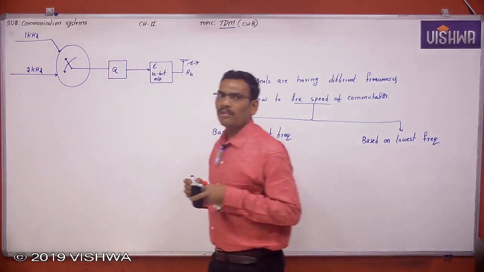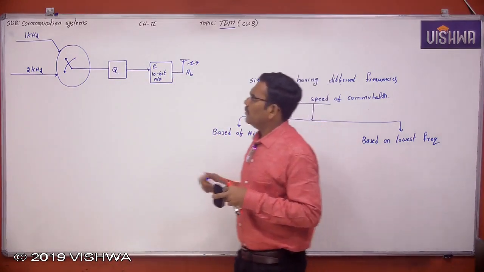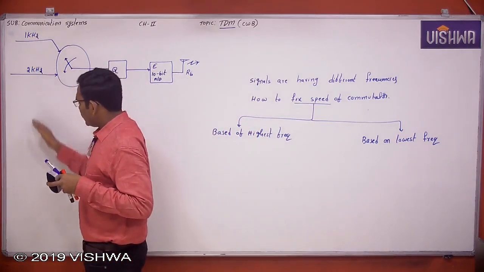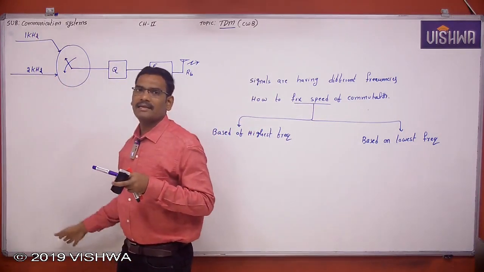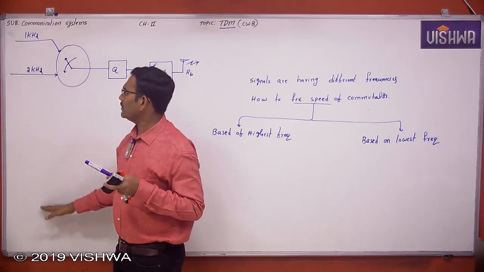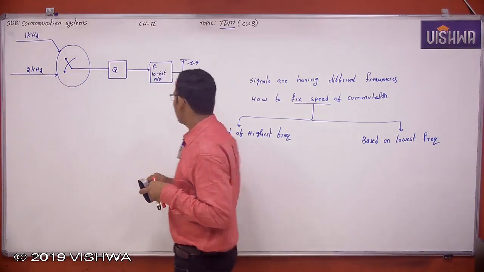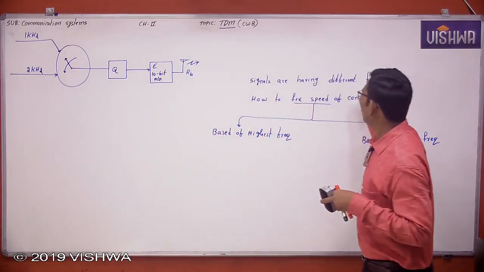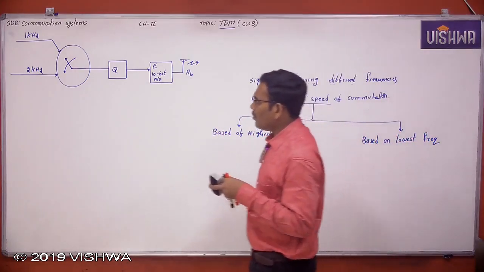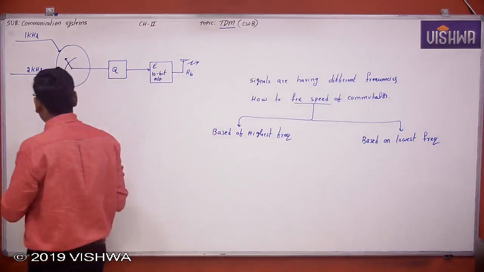What is the problem here? Previously all signals were at 2 kHz, all at 10 kHz, all at 5 kHz. But now the first signal is at 1 kHz and the second signal is at 2 kHz, so the signals have different frequencies. How do we find the rate? Can I write it like this?